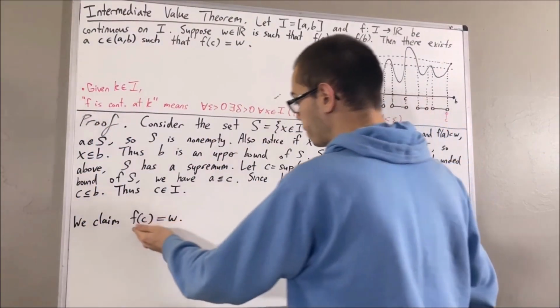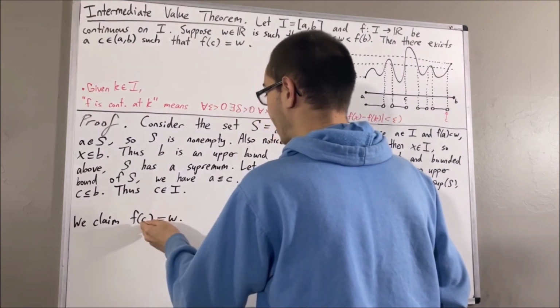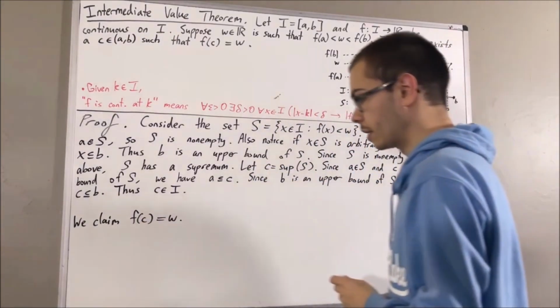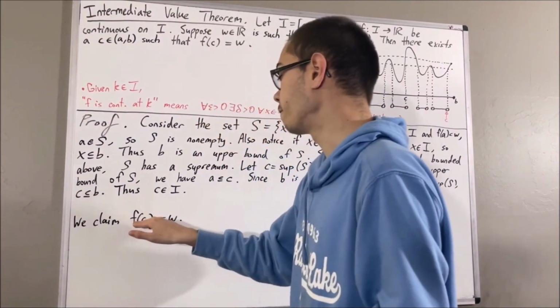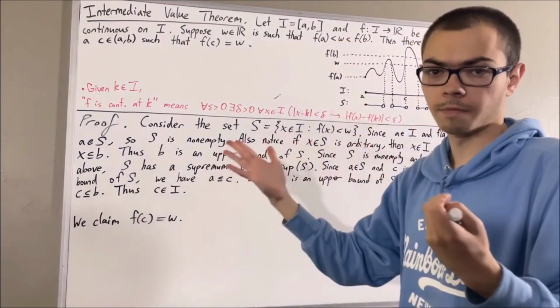If we can prove f of C is equal to W, well then, C cannot be equal to A or B. Because if C was equal to A, well then, f of A would be equal to W, and f of A would be less than W, which is absurd.